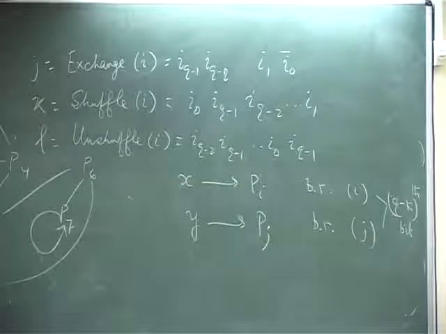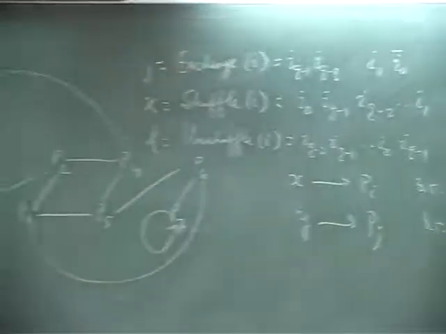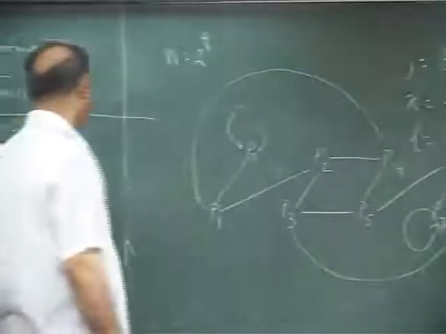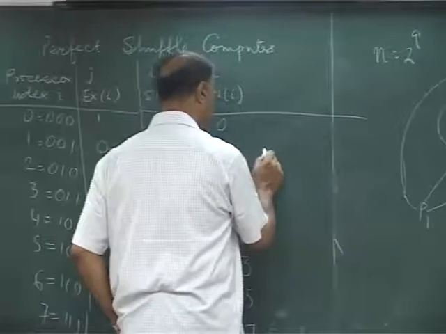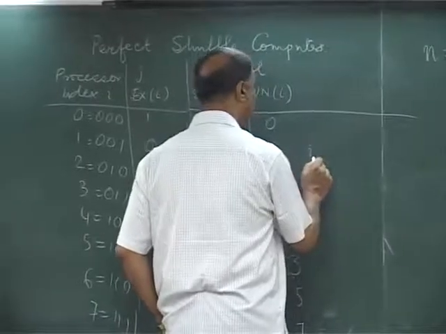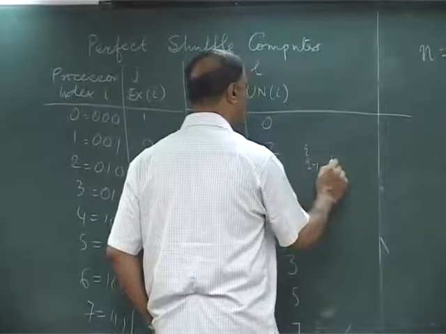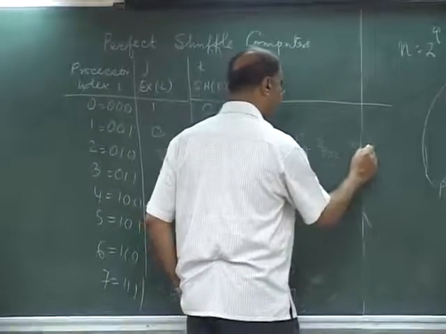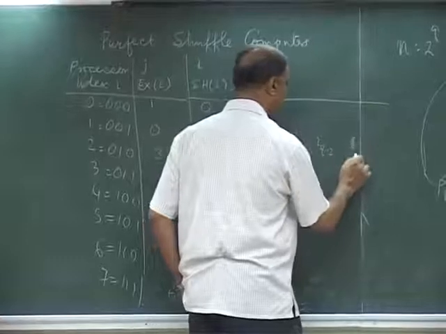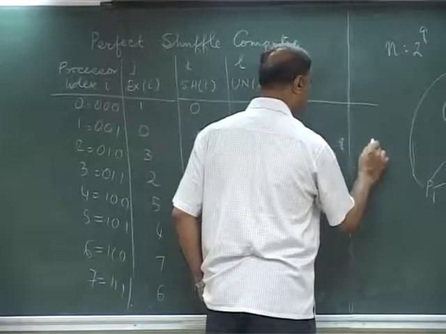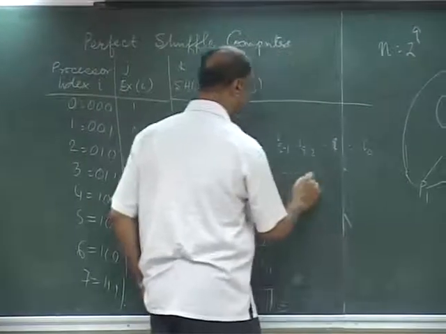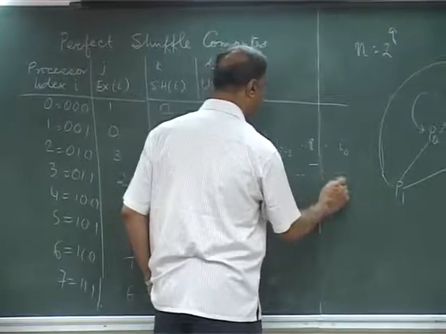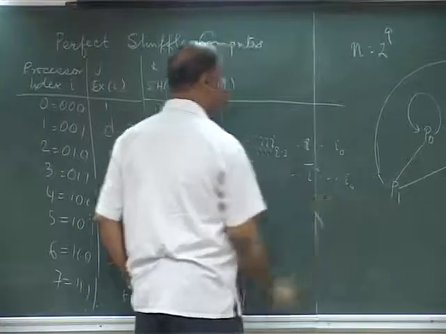Then after k shuffles, the data will come to adjacent locations, because, say, you have I q minus 1, I q minus 2, and here you get X, and here I's complement, and I0.